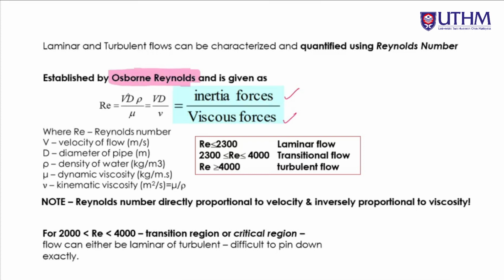So the inertial forces is the velocity times, let's say flow in pipes, this would be the diameter of the pipes and also the density of the fluid over this dynamic viscosity, or else it will also be simplified to the velocity of the fluid times diameter of the pipe over the kinematic viscosity. So it is interchangeable between this and this.